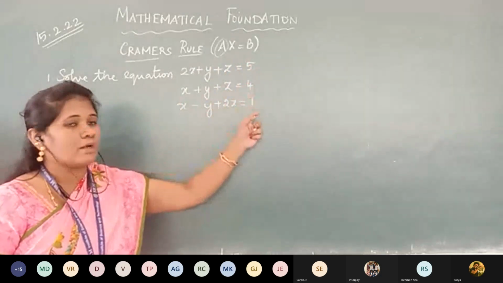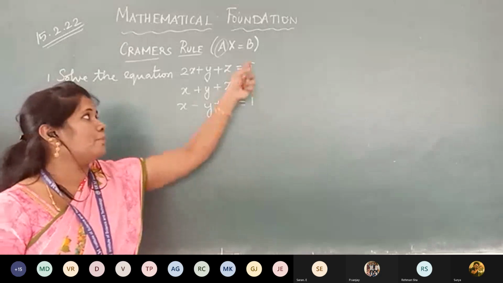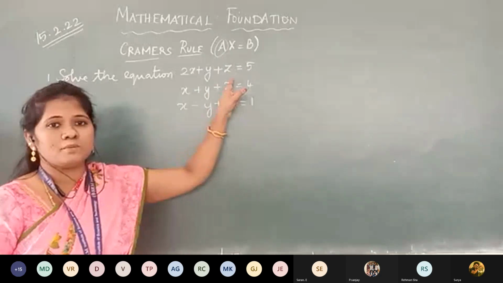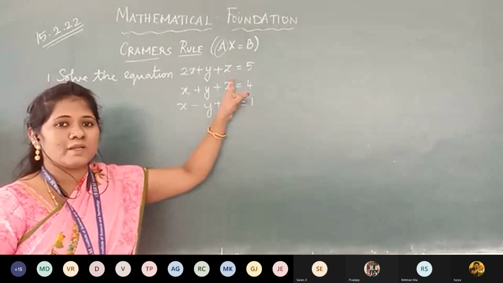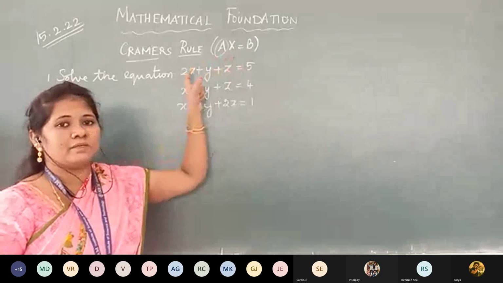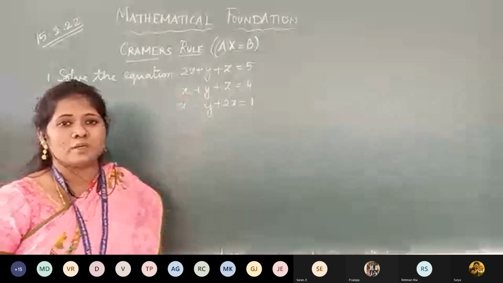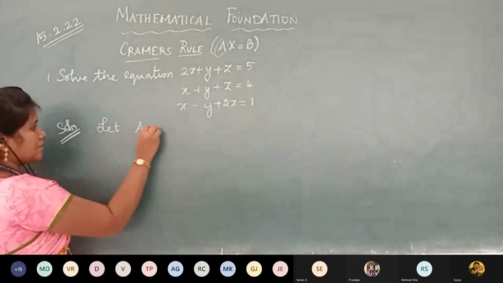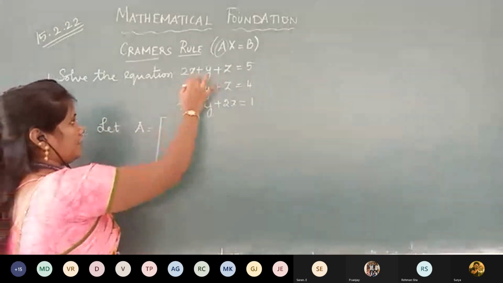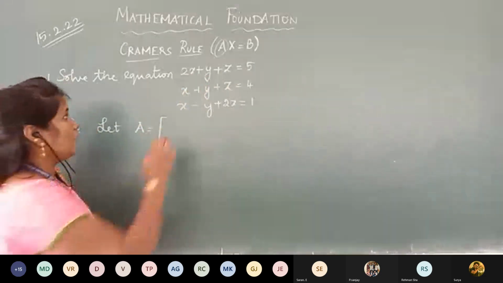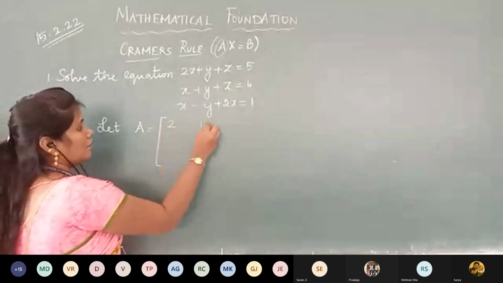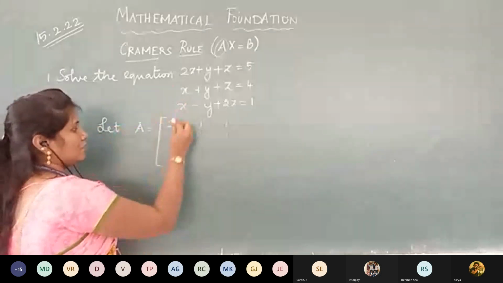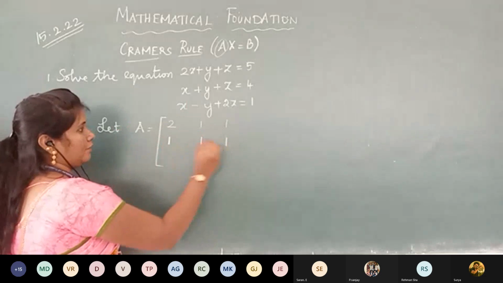And this 5, 4, 1 will be the matrix B. The variable matrix will be x, y, z. In this problem, it is x, y, z. If it is x1, x2, x3, you will write the X matrix as x1, x2, x3. So here we will first denote: let A be equal to the coefficients of x, y, z. So that will be 2, 1, 1. From the second equation it will be 1, 1, 1.